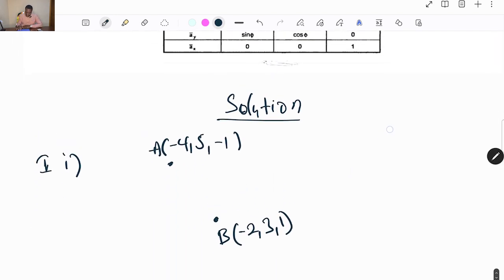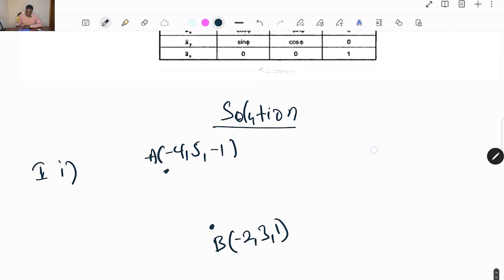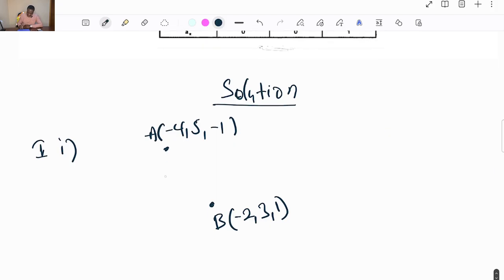Now, if we have this, we want to find the angle between these 2 points. So what that means, we look at it relative to an origin. We get the position vector of each of the points that we have here.